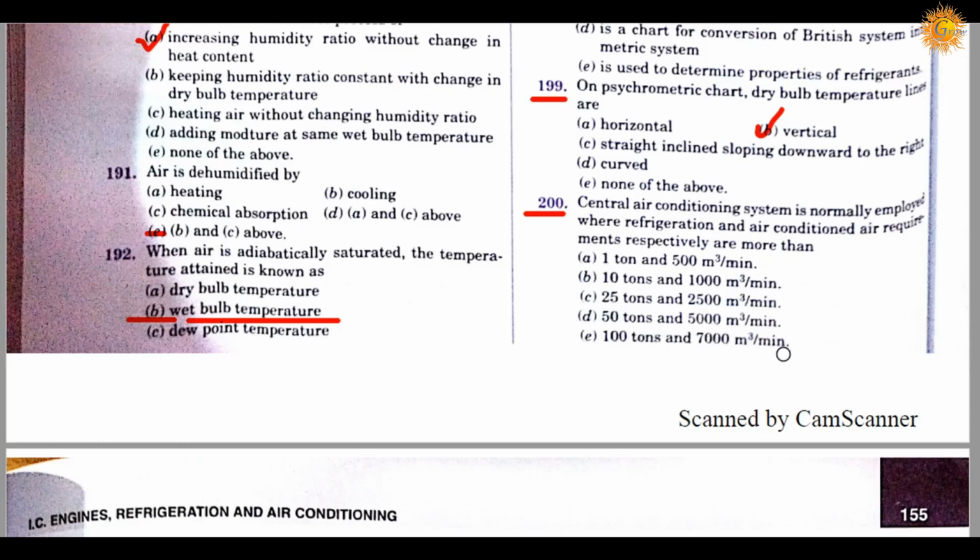So correct answer is C, 25 tons and 2500 meter cube per minute.